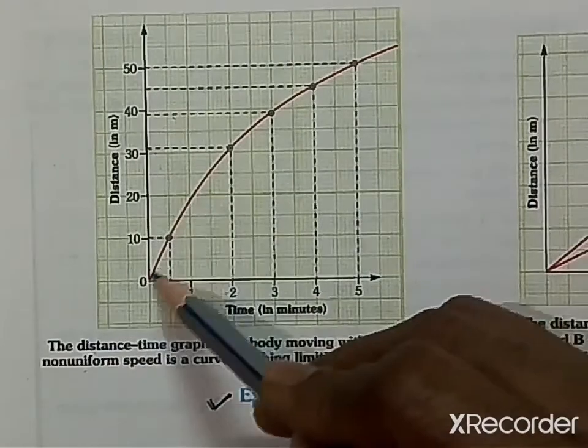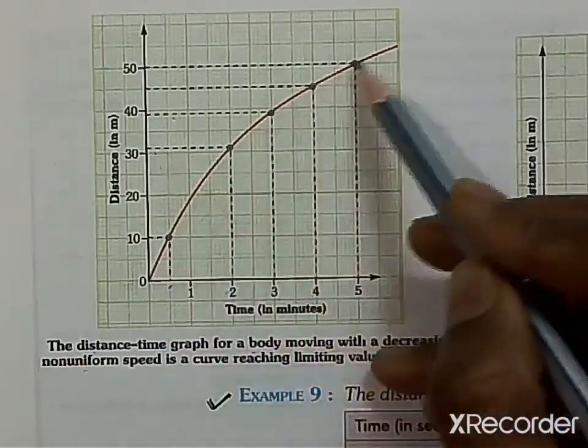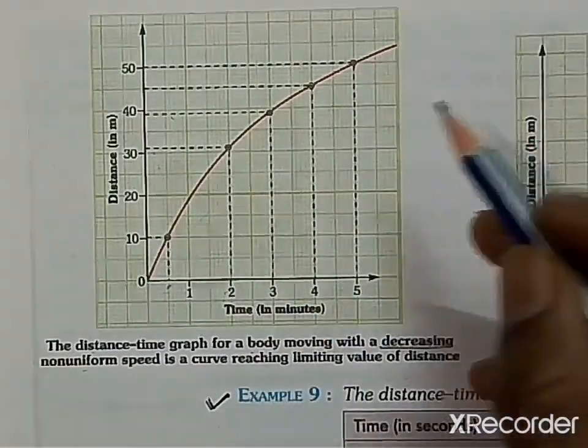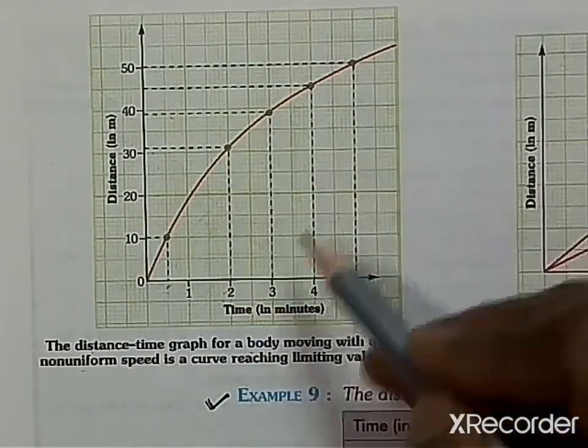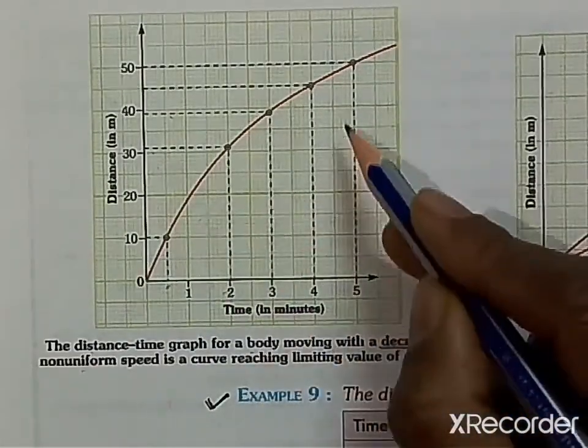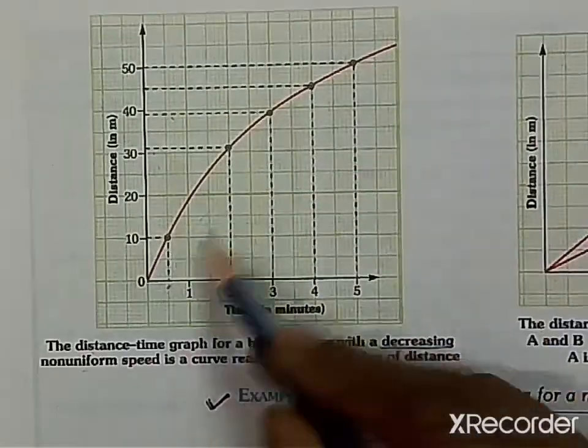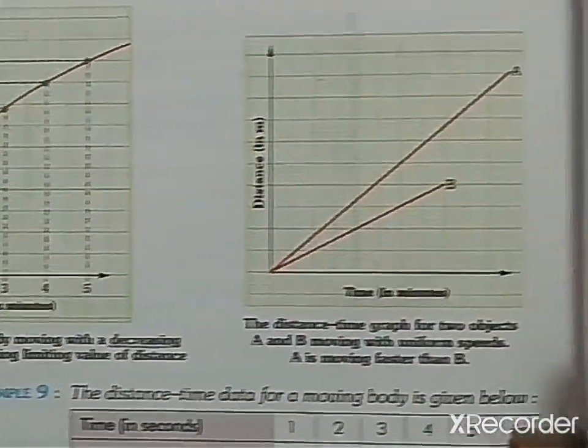So that's why this is not a straight line, it is a curved decreasing line. Okay, so it is decreasing non-uniform speed. In the last graph we have seen increasing non-uniform speed, and this is decreasing non-uniform speed.